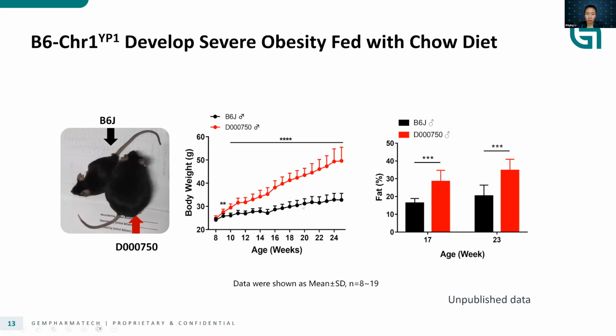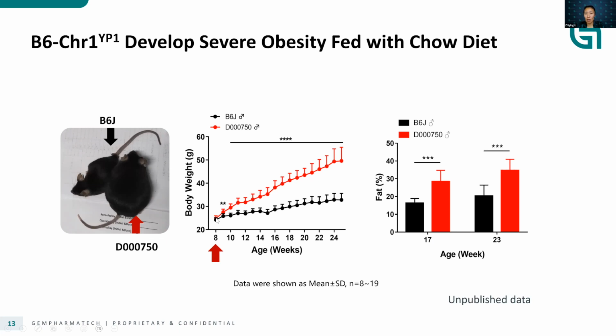Both strains, B6 and YP1, are on chow diet, the normal lab mouse diet. But the YP1 just gains body weight very fast. And at the same time, their fat percentage out of the total body weight is a lot more than their age-matched counterpart. So before I go on, I do want to let you know, our team did reserve something I'm going to tell you here.